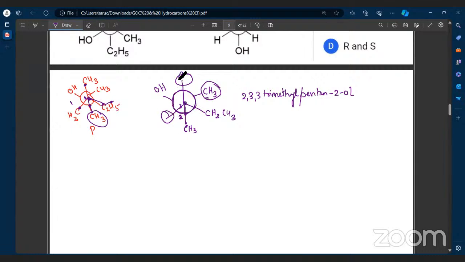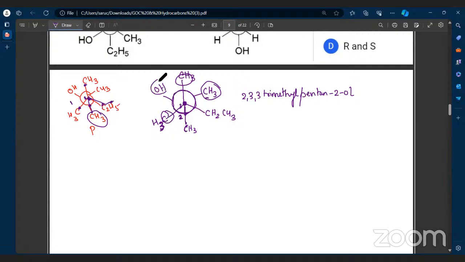From the Newman projection, you have CH3, you have CH3. So first you have to find out how many chiral carbons you have. Like how many chiral centers you have? So this center carbon, it is not chiral because you have similar groups, CH3, CH3 over here.